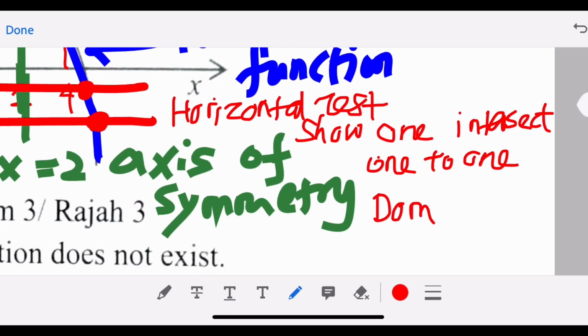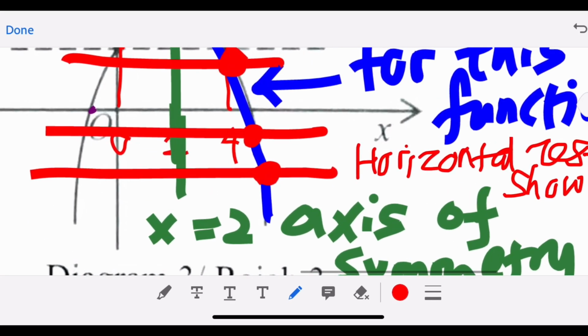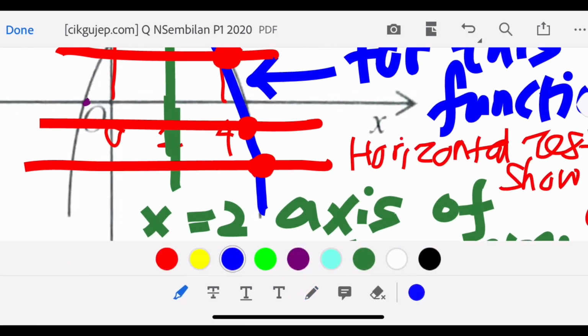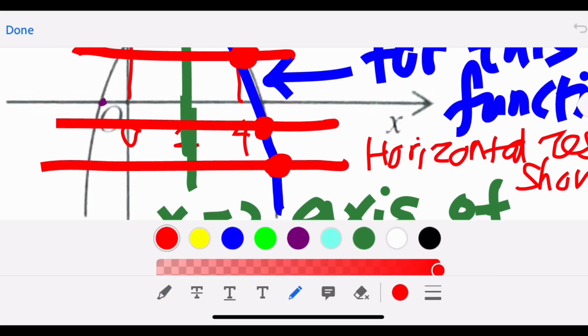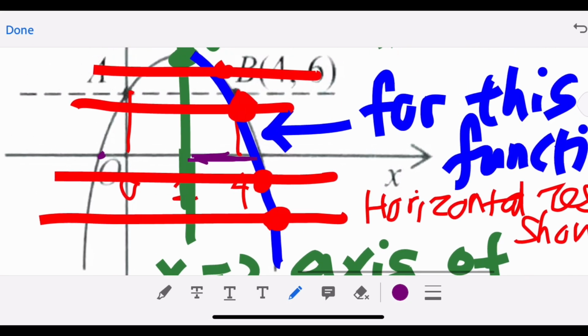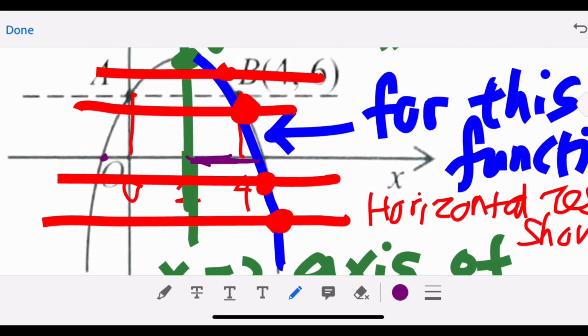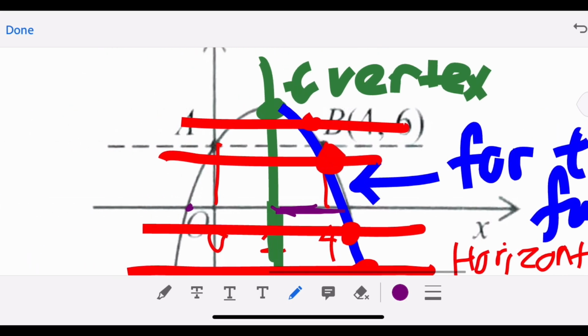And the most important keyword is domain. As you can observe, the blue curve is actually the function with one-to-one relation. So we will highlight the corresponding values of x.